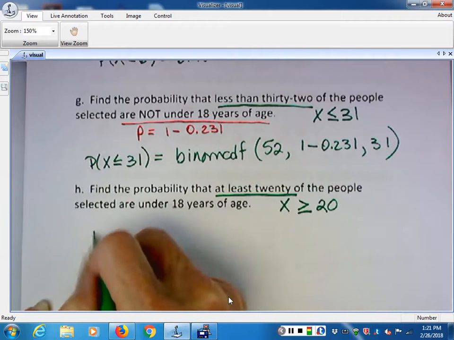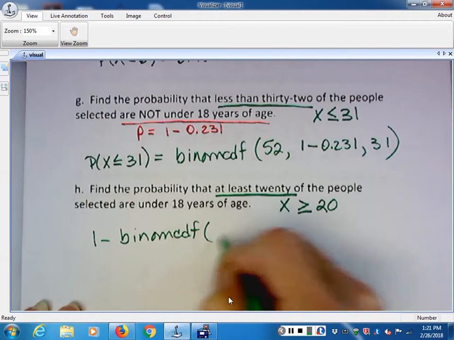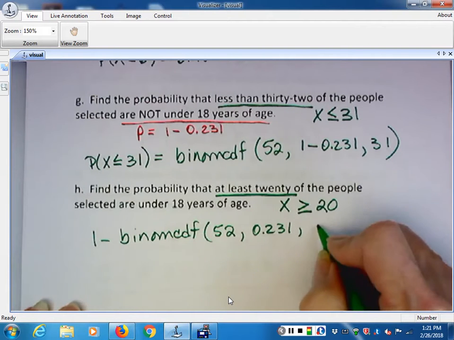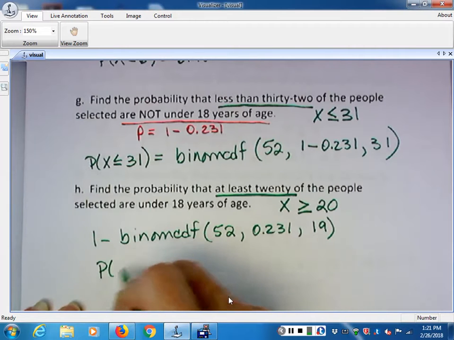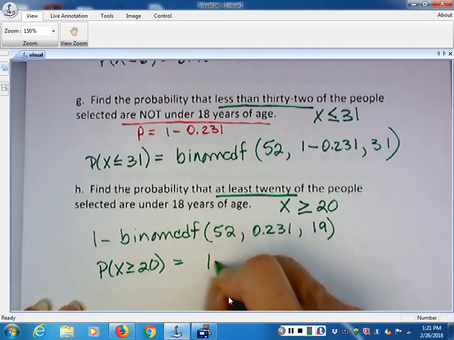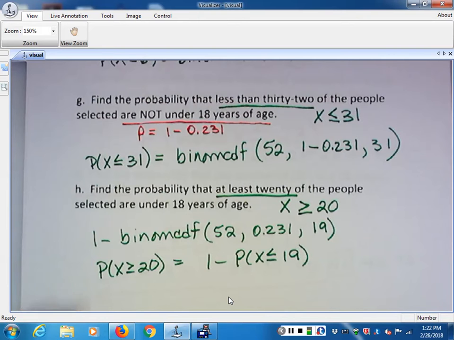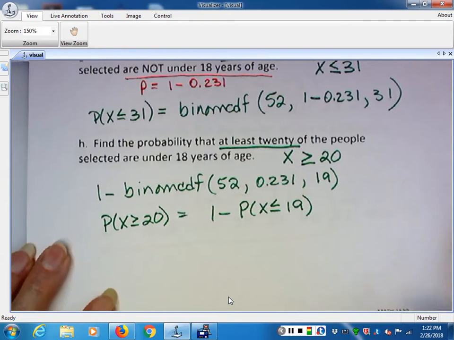So that means we're going to do 1 minus binomCDF, and then our top number is going to be 19 because the complement is the probability that X is equal to or less than 19. Okay? And I believe that's it.